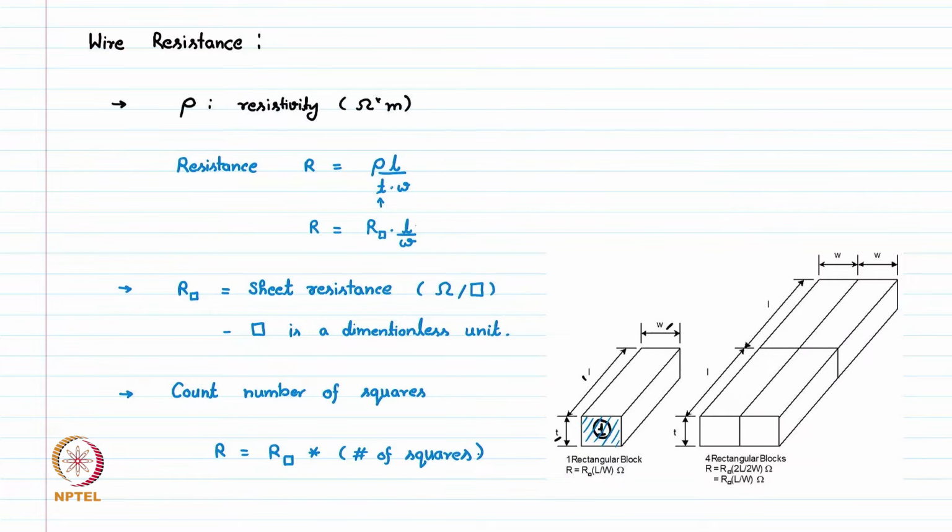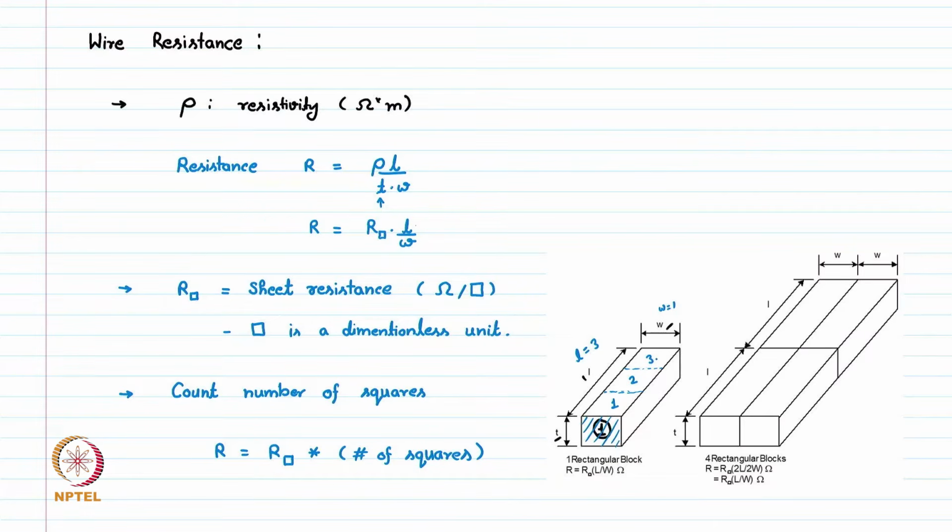So here we have this wire 1 where thickness is T, length is L, W is the width. If we put L equal to W, then we just need to count how many squares we have in this length. For example, if W is 1 and we assume L equal to 3, it means we have 3 squares in length L. This is 1, this is 2, this is 3.